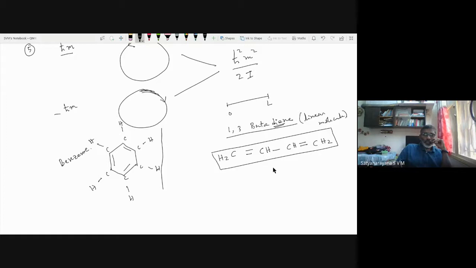Now the total length of this, you know the carbon-carbon double bond distance and carbon-carbon single bond distance. This whole thing is something like, I am just giving some rough numbers, 700 picometers. That is the length of this one. And now one sigma bond and one pi bond is there.